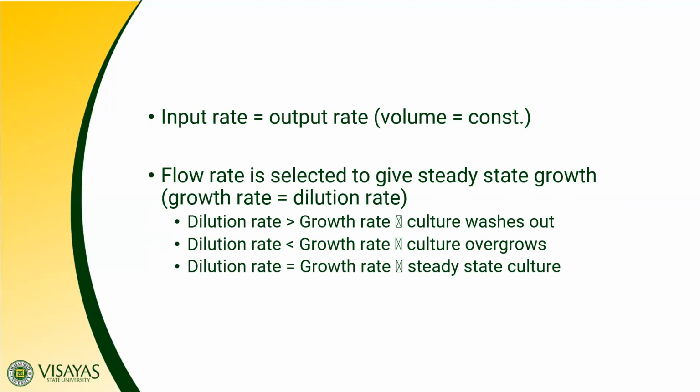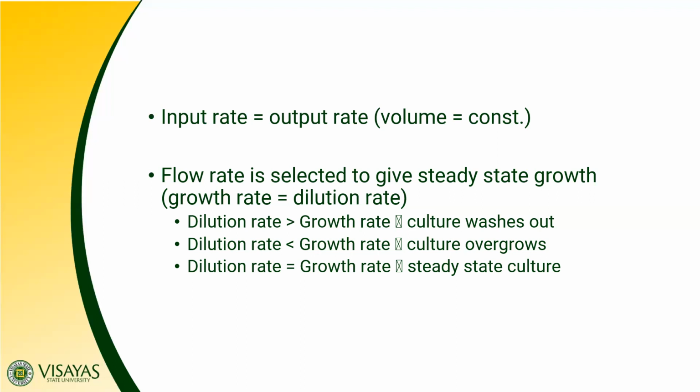If the dilution rate is less than the growth rate, the culture overgrows, meaning there is an increased production of microorganisms in the fermentation vessel, other than what is removed from the vessel. If the dilution rate is equal to the growth rate, there is a steady state culture.